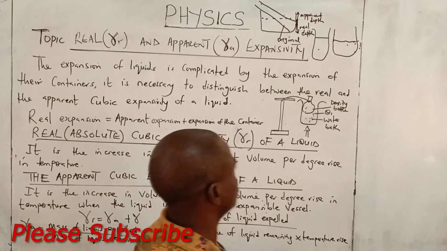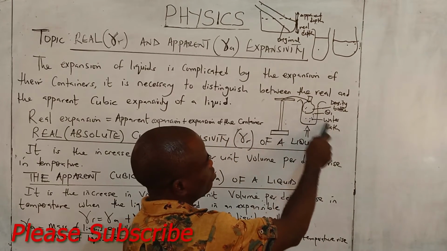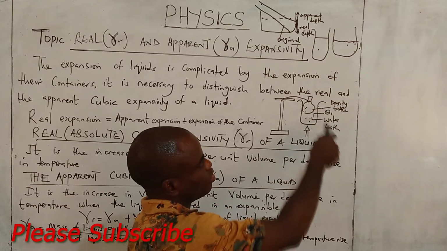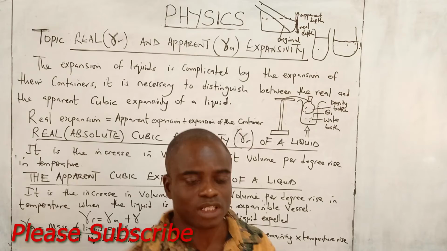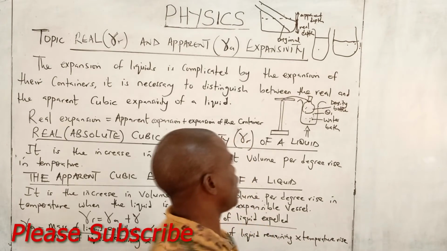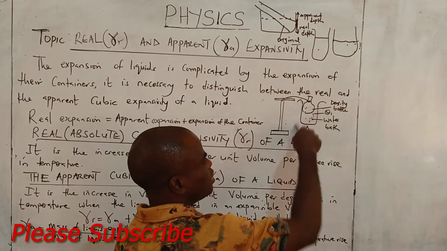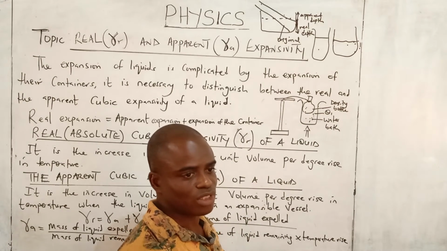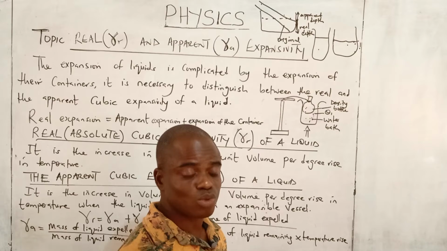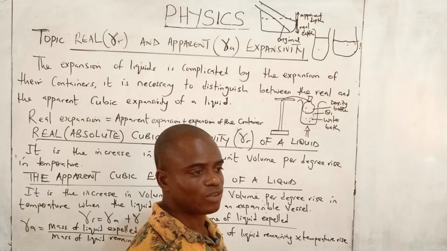After weighing it, you clean the mouth of the bottle and fill it with paraffin liquid. The apparent expansivity of the liquid, that's the paraffin, is what we want to look for.